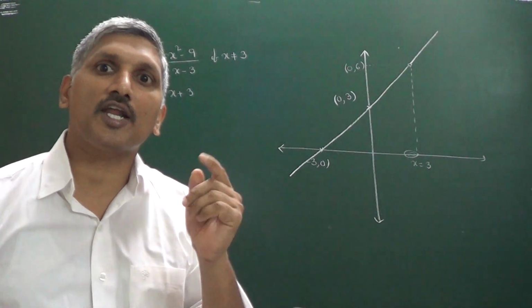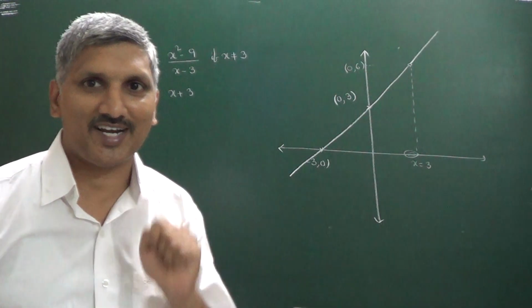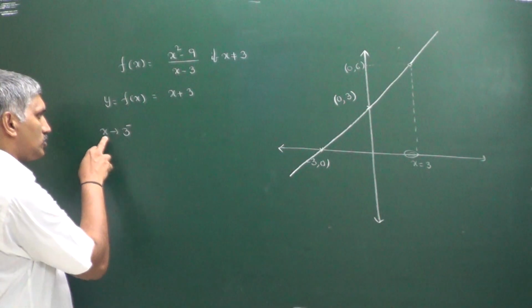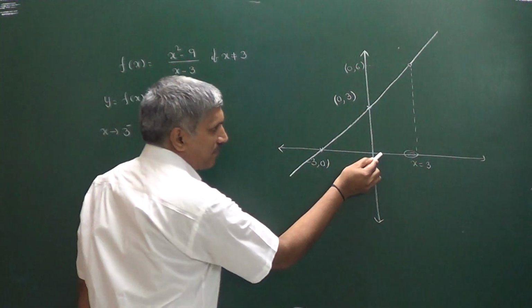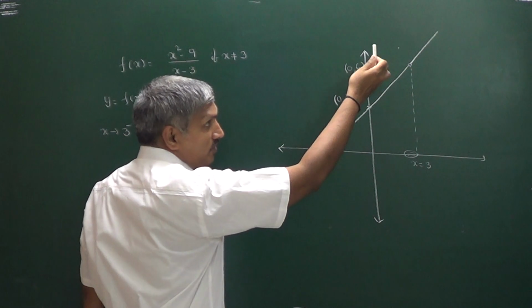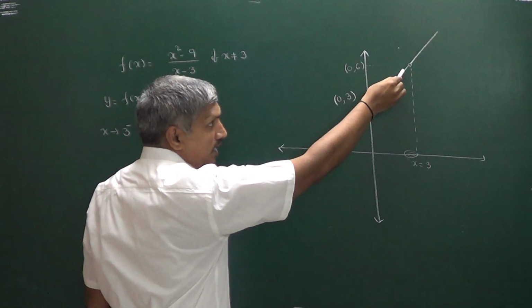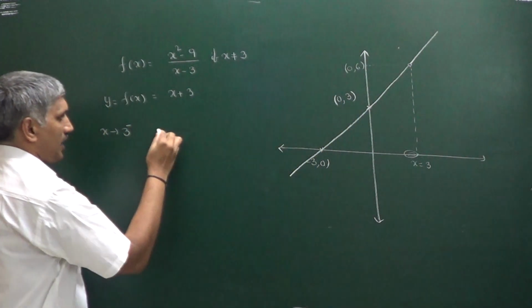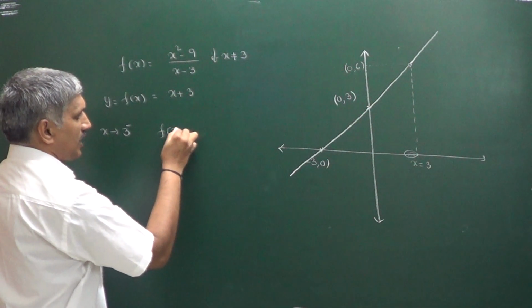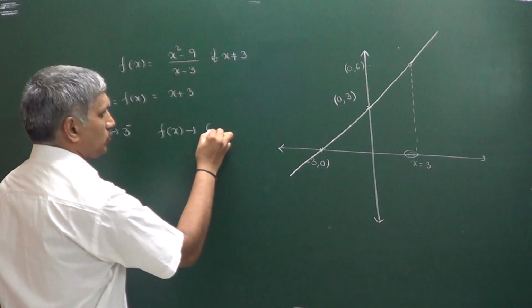So when x values are approaching 3 from the left hand side, you can observe in the graph that the functional values are approaching 6. f of x values are approaching 6.